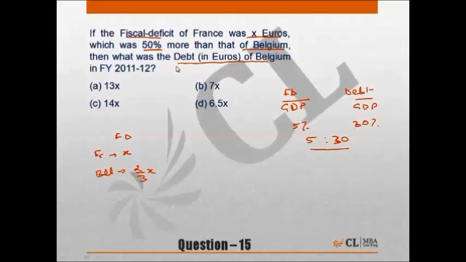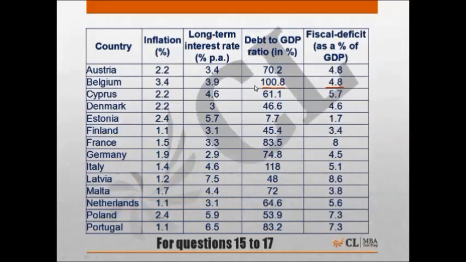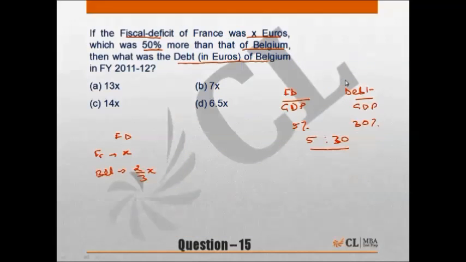Okay. So all we need to do is go back to the data and get the ratio of fiscal deficit to debt of Belgium. Quickly going back to the table, for Belgium, debt is 100.8% of GDP, while fiscal deficit is 4.8. So the ratio of debt to fiscal deficit is 100.8 is to 4.8.